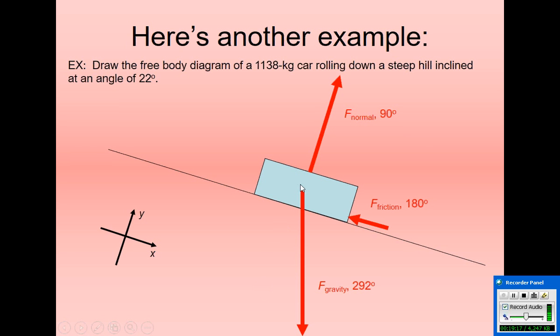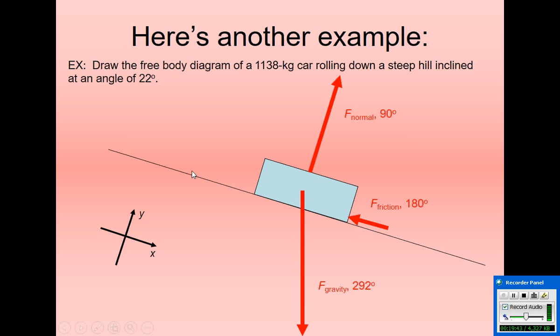The angle between the gravitational force and the negative y-axis, I can geometrically prove, is the angle of the ramp's slope. If the ramp makes an angle of 22 degrees with respect to the horizontal, then the angle between the negative y-axis and the gravitational force is 22 degrees.